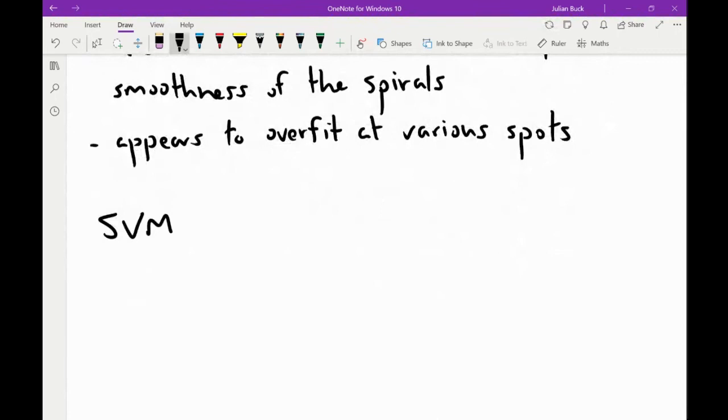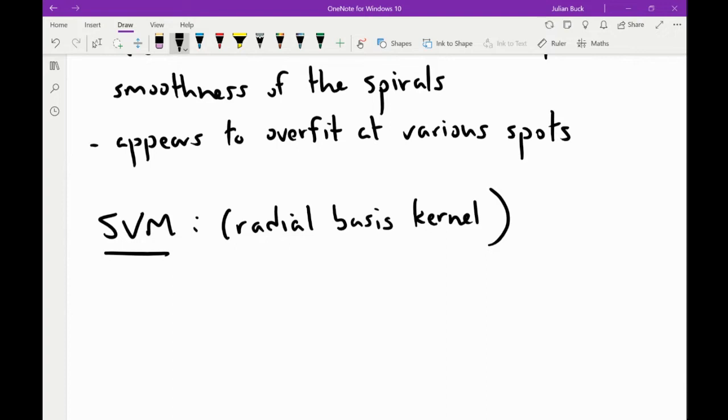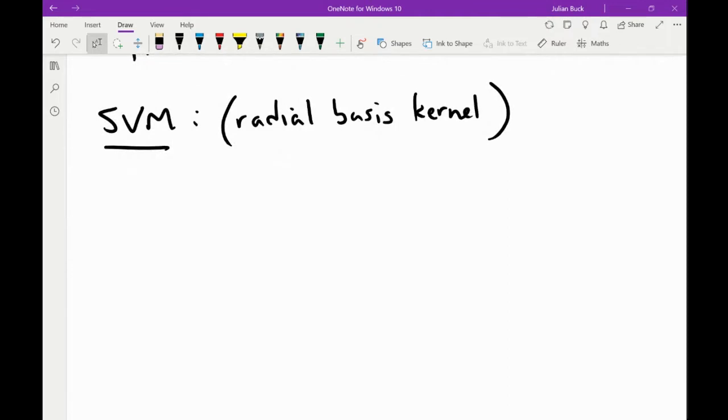On the other hand, if we look at the support vector machine, and this was using a radial basis kernel, on assignment 5, you'll see how to implement a simple support vector machine with a radial basis kernel using a package called kernlab and then caret for training. It's not very hard at all to implement these. One of the nice things about them is they're pretty easy to set up, and it's one of the shorter, easier assignments of the bunch.